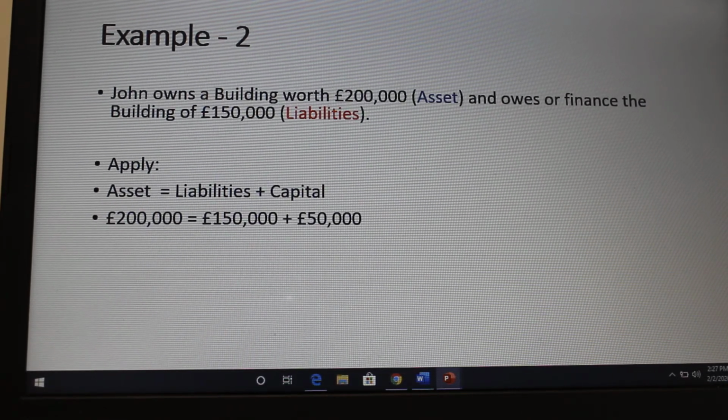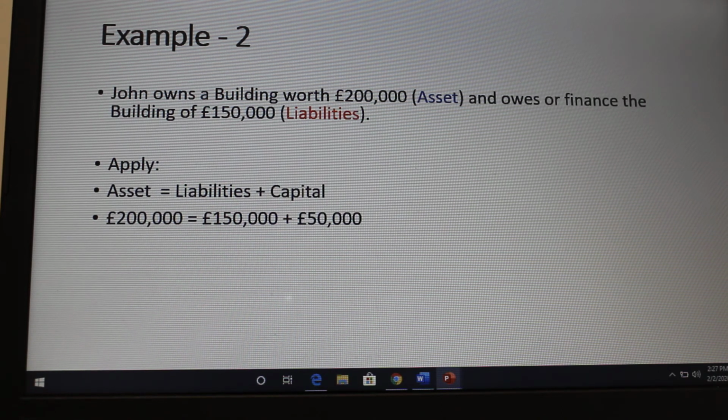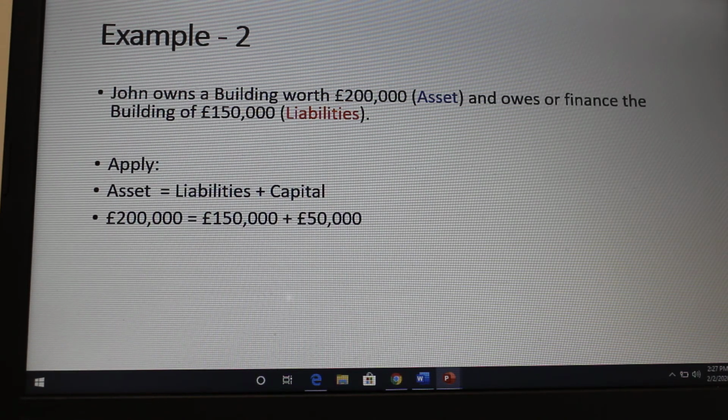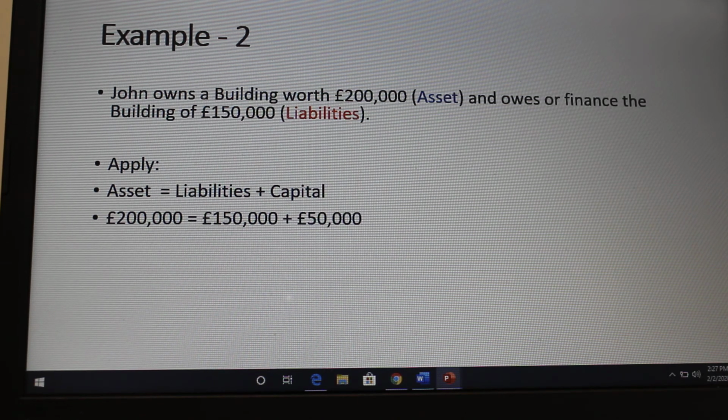The liability is 150,000 plus capital, which is 50,000. Okay, so therefore the asset being 200,000, the debt is 150,000. By default, the capital would be 50,000. All right, so 150 plus 50 gives us 200,000.